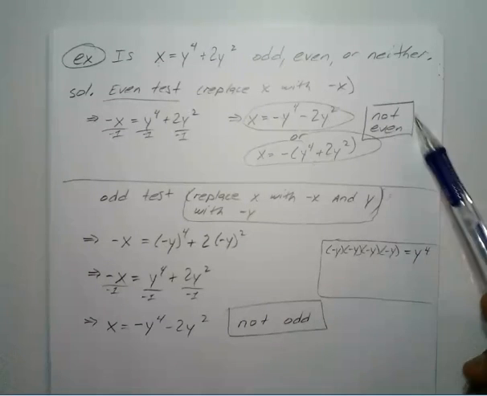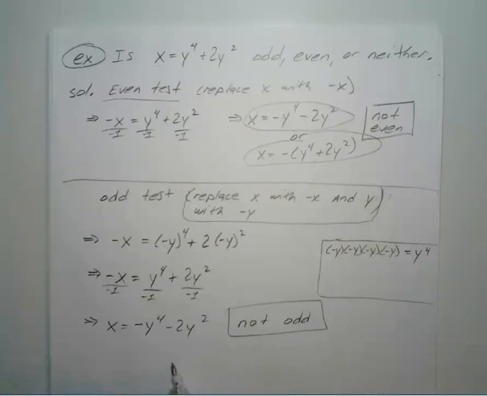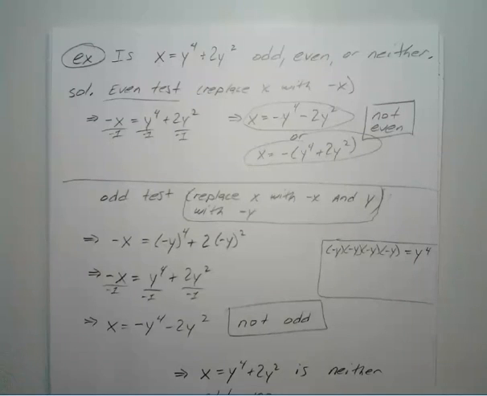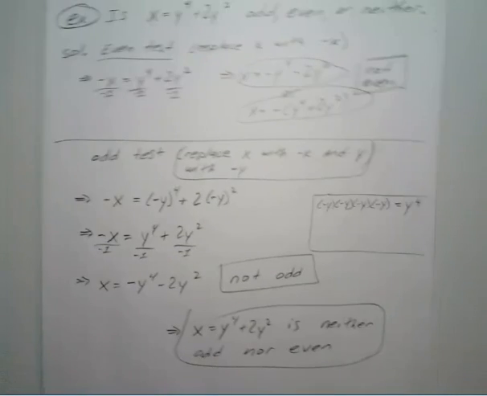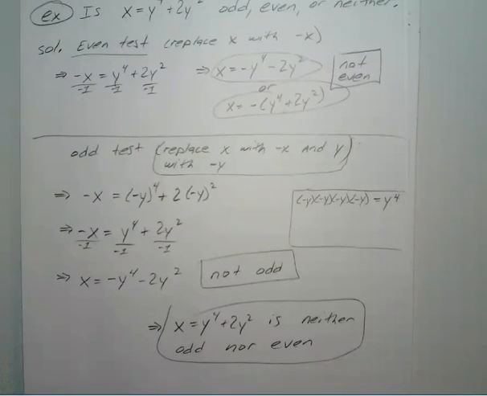So it's not even and it's not odd. That lets us know that x equals y to the fourth plus 2y squared is neither odd nor even. Oops, sorry about that. Okay, so it's neither an odd function nor an even function.